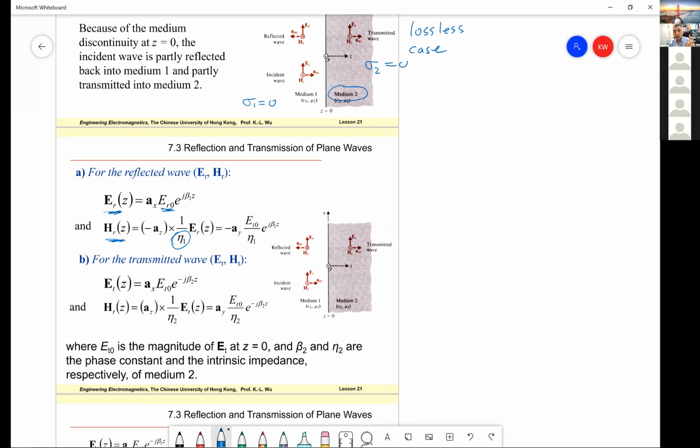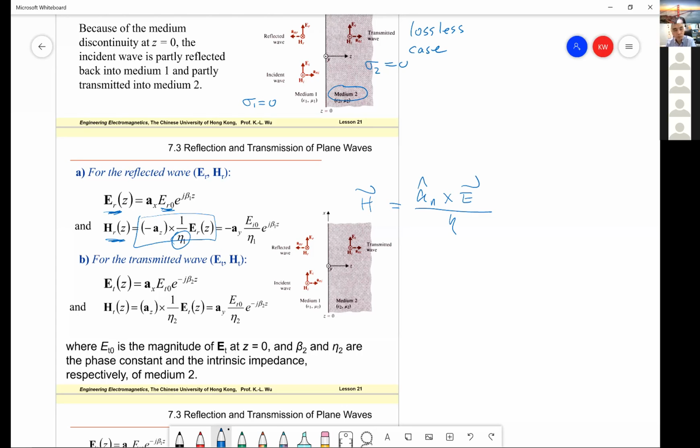Somebody asked about this relation. This relation involves the propagation direction: the propagation direction crossed with the electric field, divided by the wave impedance, gives the magnetic field. This is a general relation concluded from the special case we discussed.